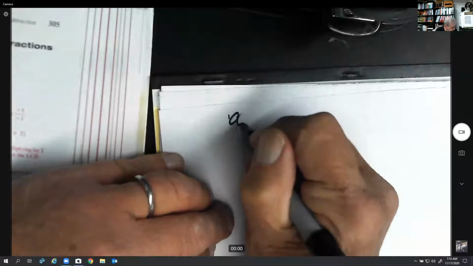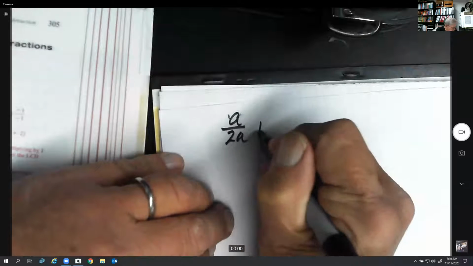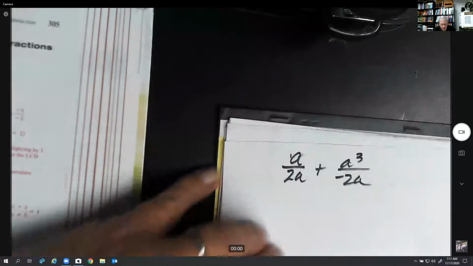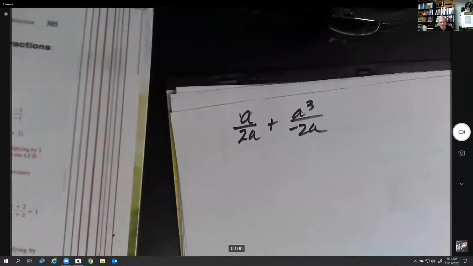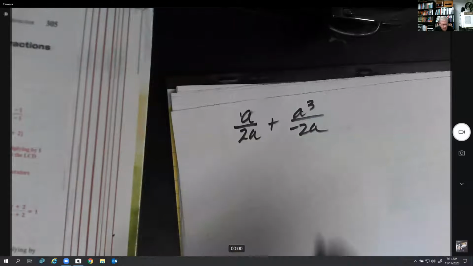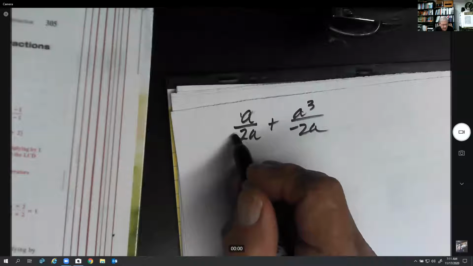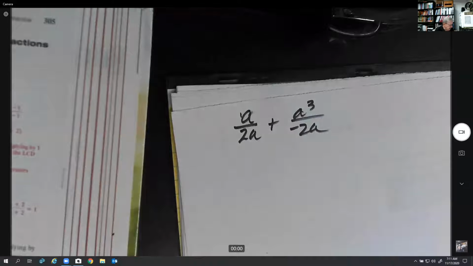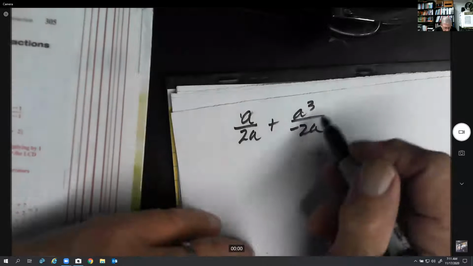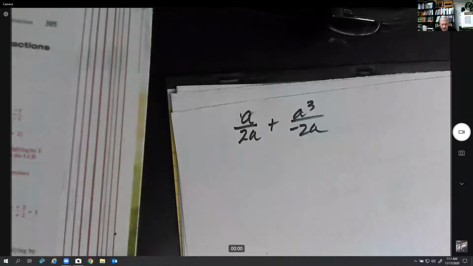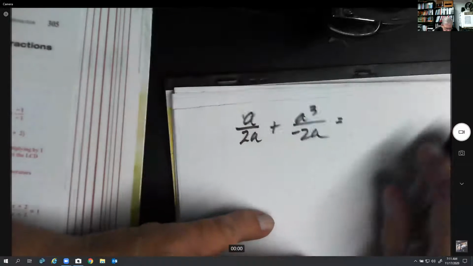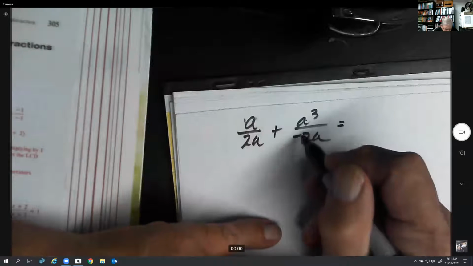Okay, a over 2a plus a cubed over negative 2a. Well, you can kind of see on this one, they're almost the same. We could put a negative here, multiply this by negative 1 and make this negative 1. I guess you could do that. Or sometimes what we do is we just bring the negative sign up to the numerator. Either way, you could handle this because basically the denominators are the same. So let's just bring this negative up.